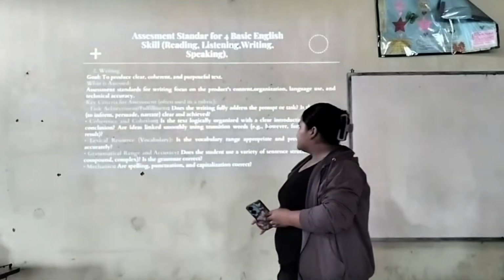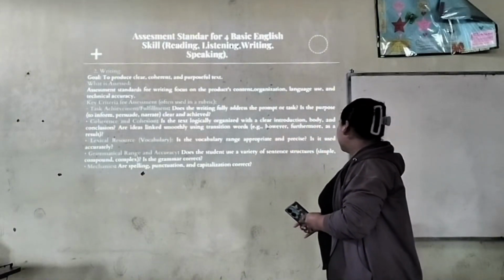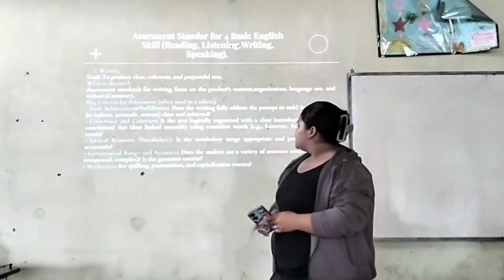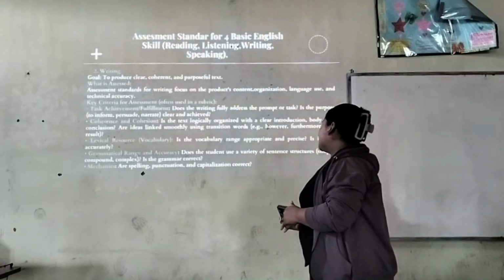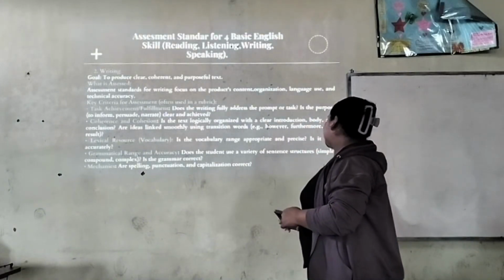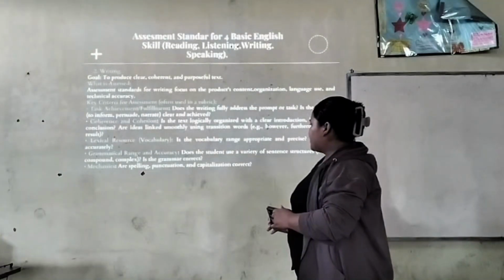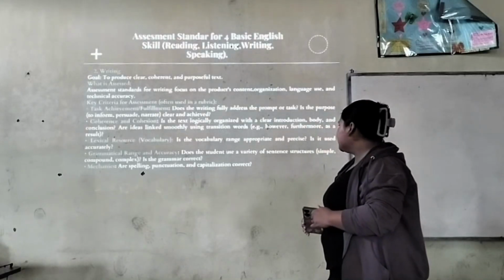The next is lexical resource. Is the vocabulary range appropriate and precise? Is it used accurately? The next is grammar and mechanics. Are spelling, punctuation, and capitalization correct?